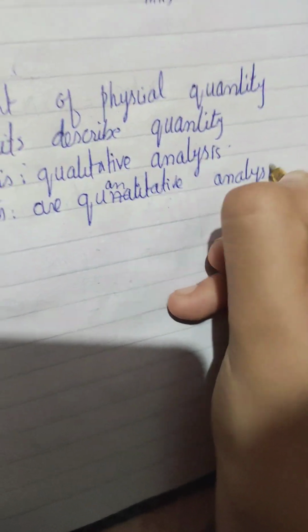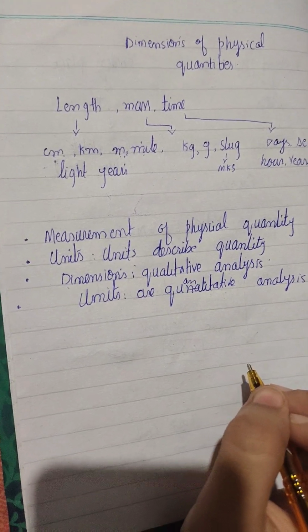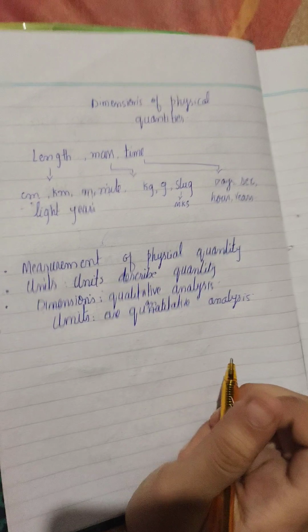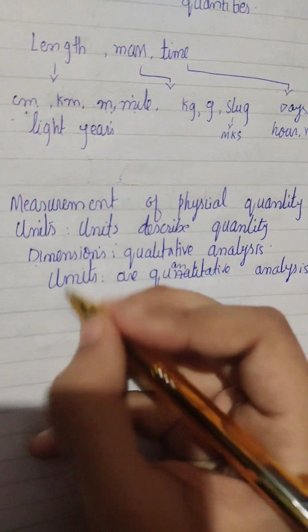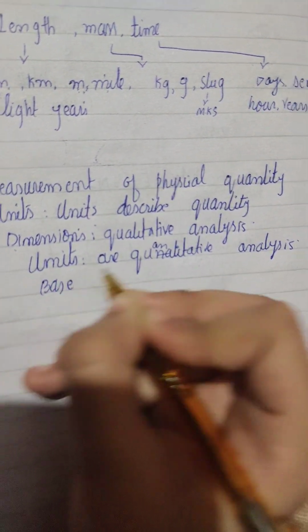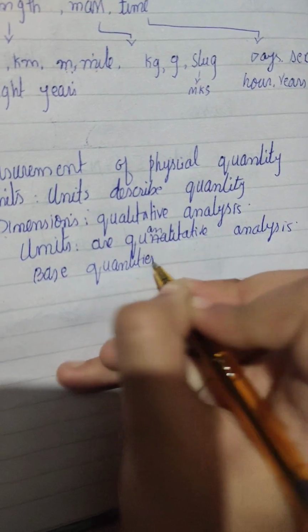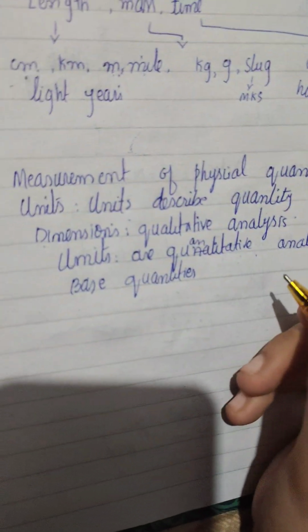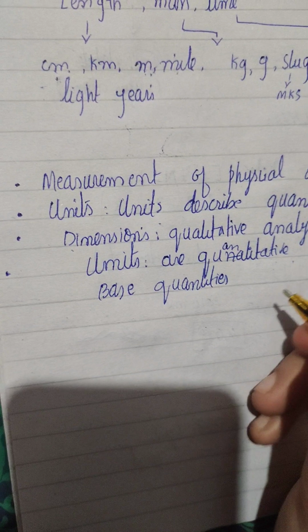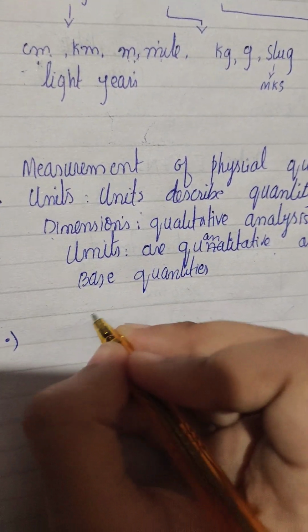Can I say this? Yes, of course I can say this. So now we're gonna see the dimension of base quantities firstly. Then we're gonna see in the next video the dimension of physical quantities.